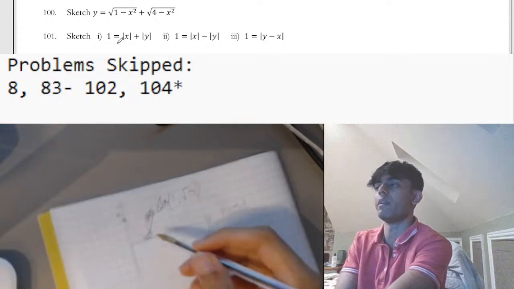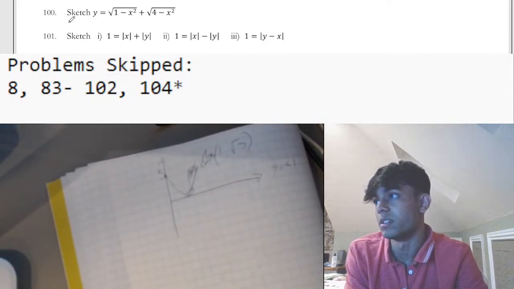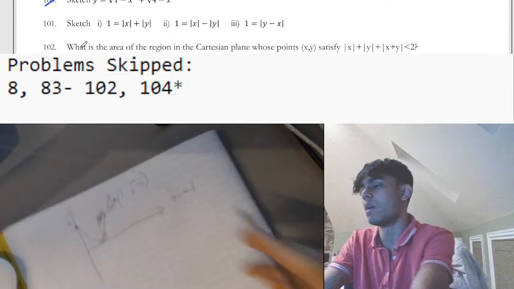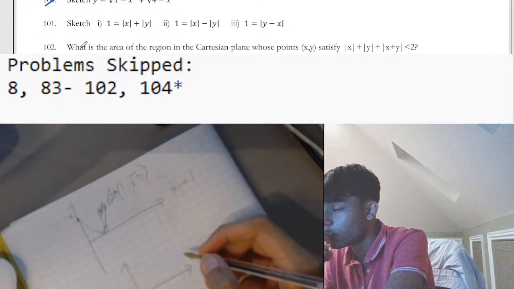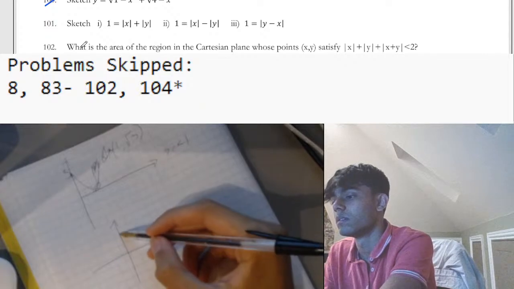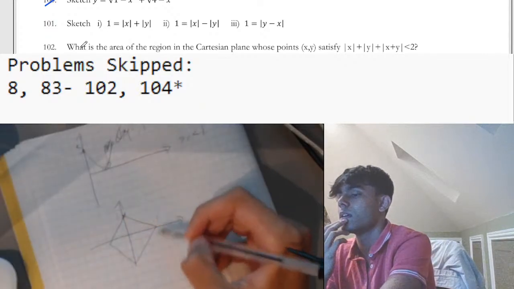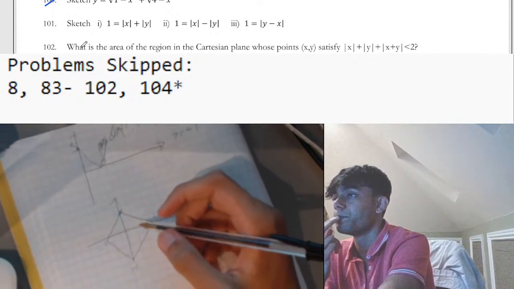There's going to be some minimum point, which is your turning point. And then 101, sketch that. Well, it's just a square, like this.